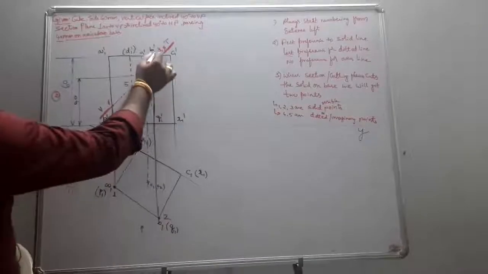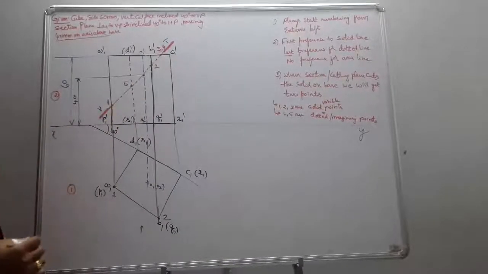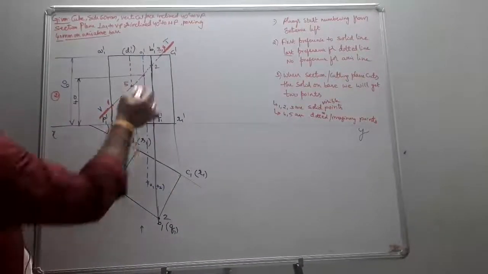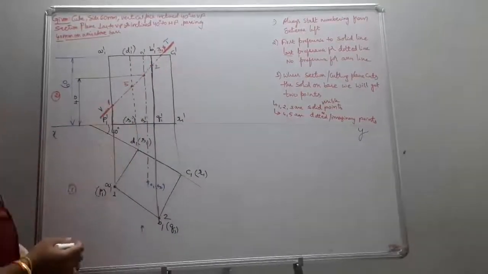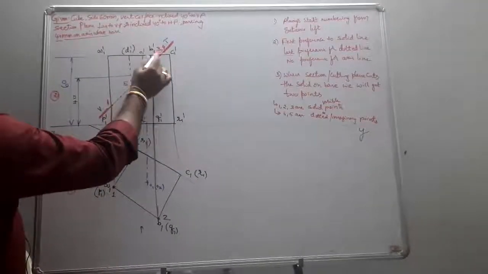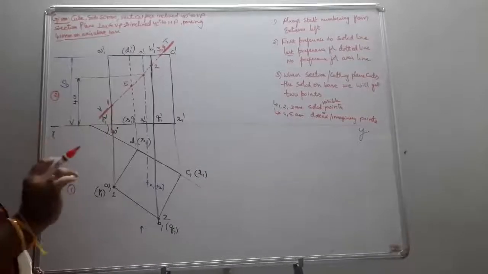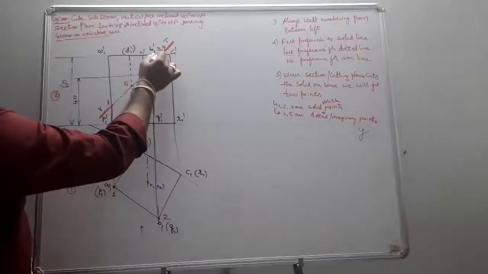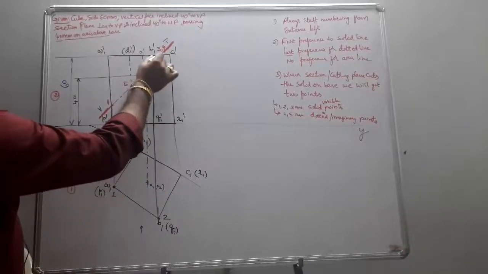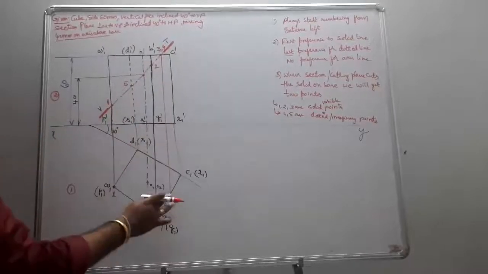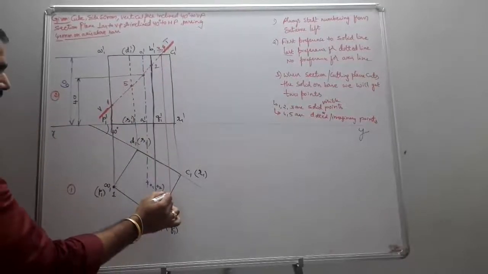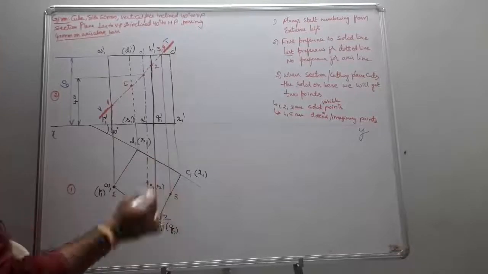Next, point 3 exists on the BC base edge. So I project my point to BC. Wherever it cuts, this becomes your point 3.